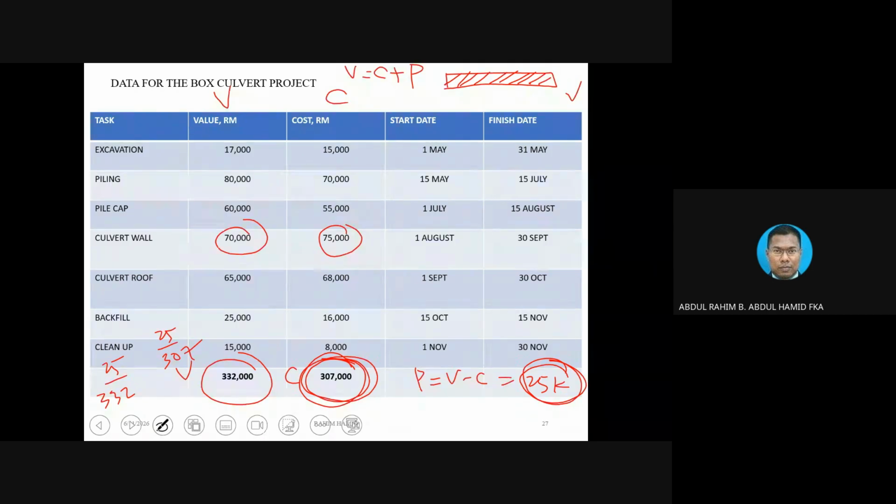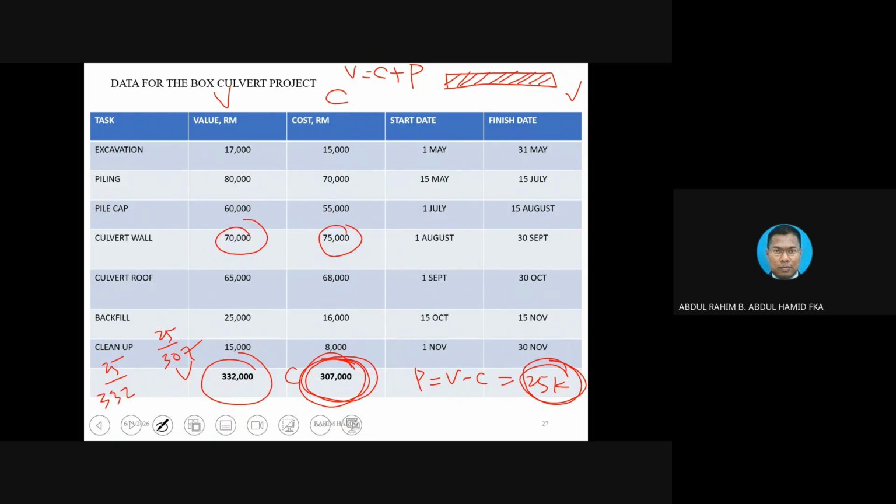So from the contractor's perspective, normally the profit is out of the cost. But if we are talking about the overall project, from the client's perspective, especially the contract type we call cost plus, the profit is going to be divided by the values.